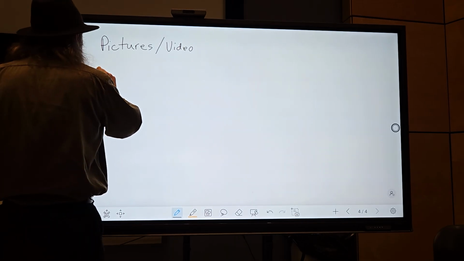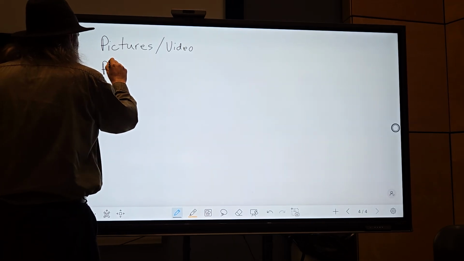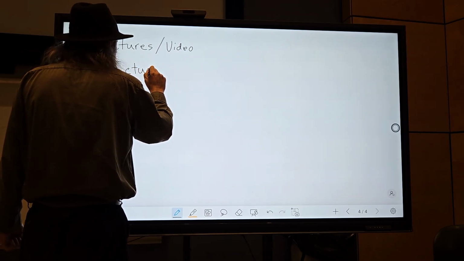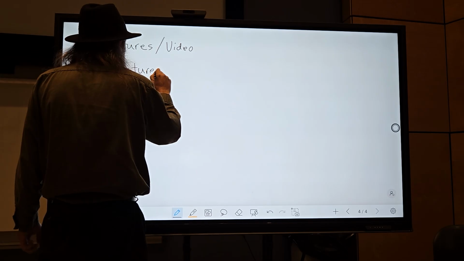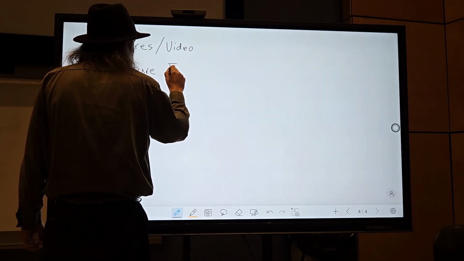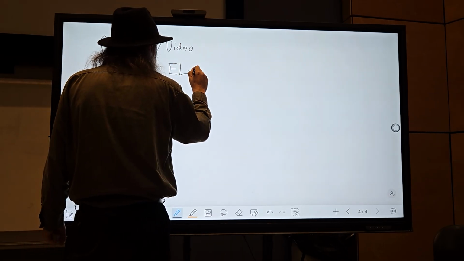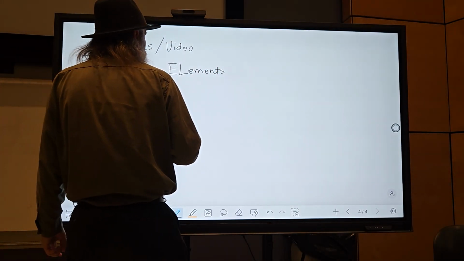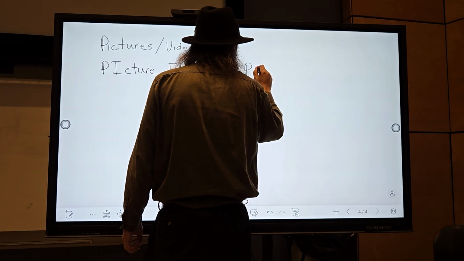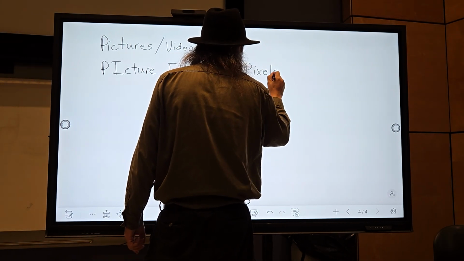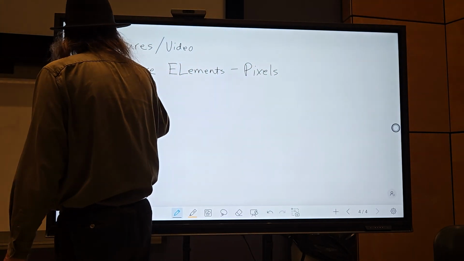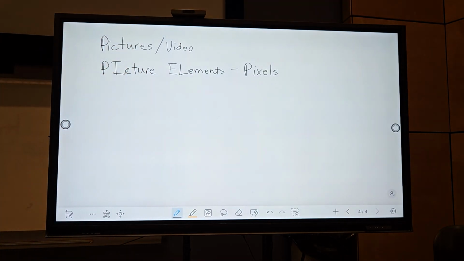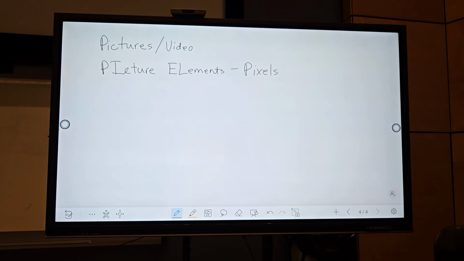A picture is made up of picture elements, known as pixels, little dots.